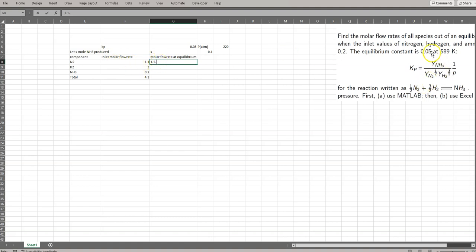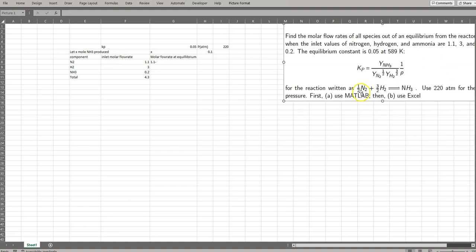From the stoichiometry, for X mole ammonia production, X by 2 mole nitrogen is required. So the molar flow rate of nitrogen at equilibrium will be 1.1 minus X by 2.